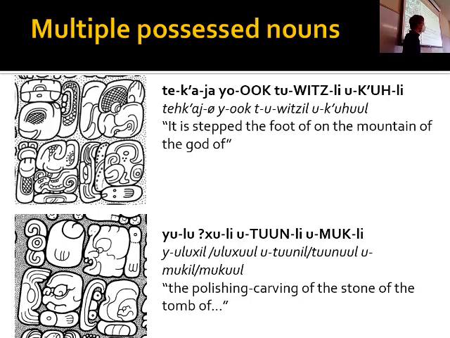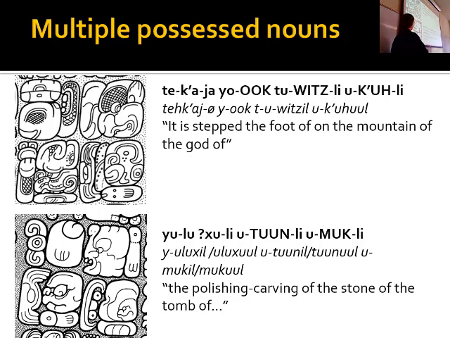It reads Yul Shuli, literally Yul Ushul, the polishing, the carving. So it's a beautiful, like another couplet, like the act of decorating someone in stone. The two common things you do: you polish, you drill, and then you carve, you scratch. Yushul, polishing, carving. Utunil or tunul, the stone of.